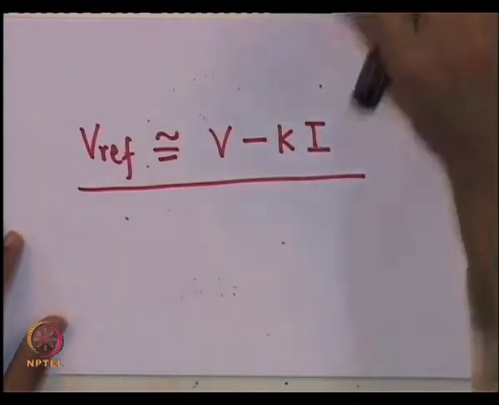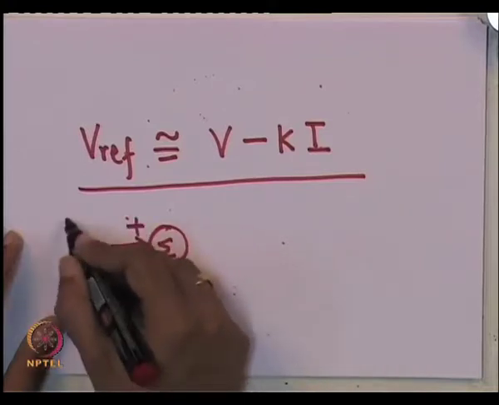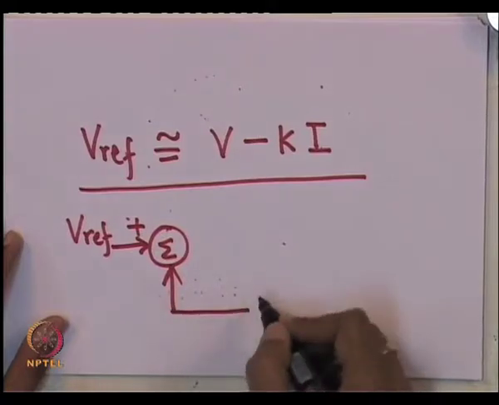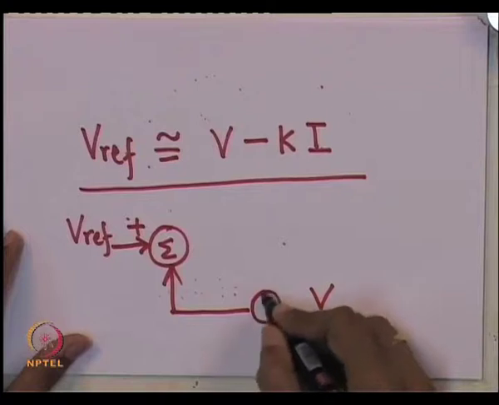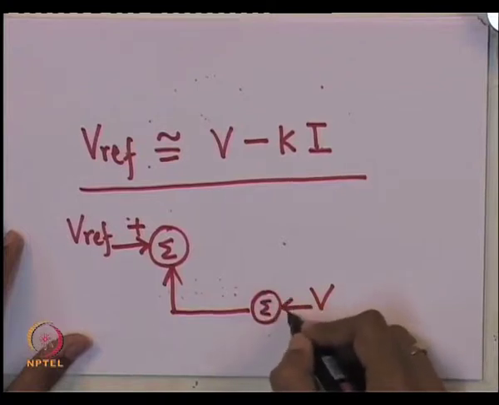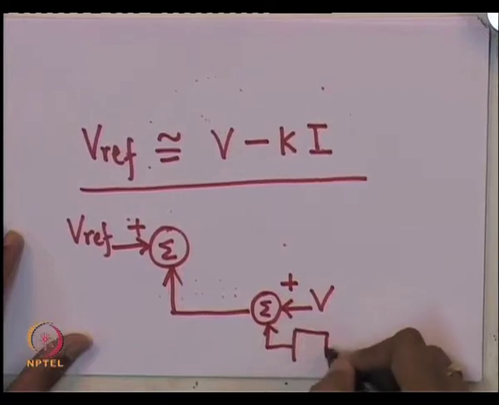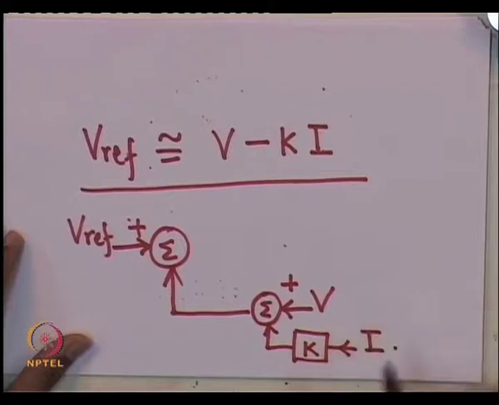So, instead of having a control system like what I have shown you before, that is just having V, what you can have is this is known as a load compensator.